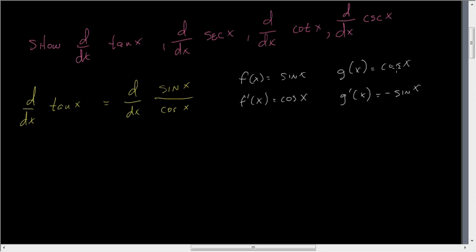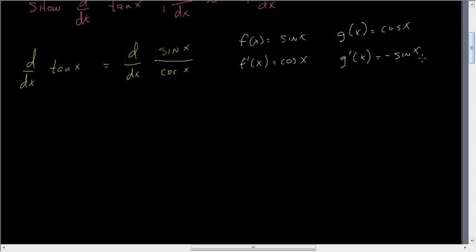Now, I'm not going to write it down this time because I have it memorized, but I would encourage you to write it down until you have it absolutely known to the best of your ability. You can just throw it out there. So I know that it's the derivative of the top, which is cosine of x, times the bottom, sine of x, minus the derivative of the bottom, which is a negative sine of x, times the top, which is sine of x.